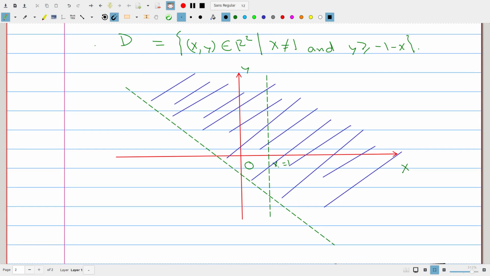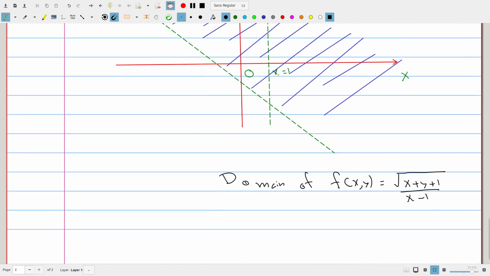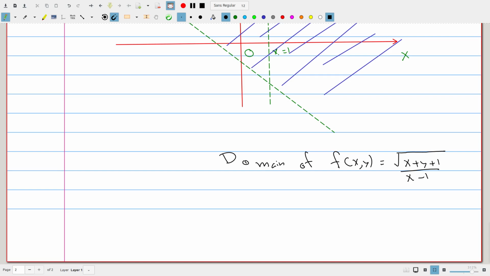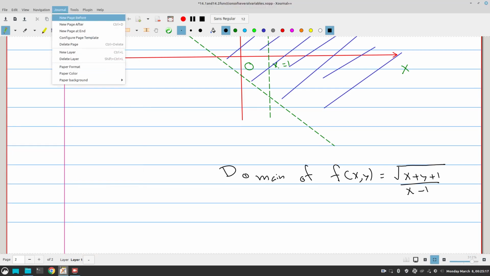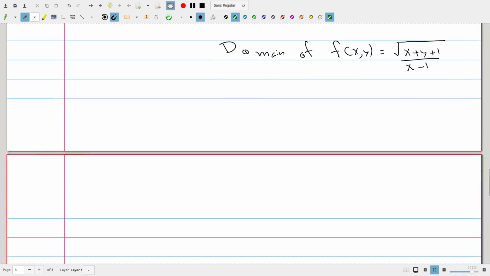For example, the function f of x, sorry, this is not f of x, this is actually f of x comma y.